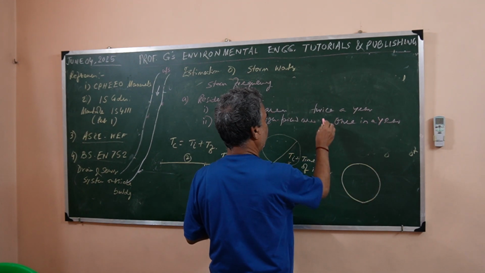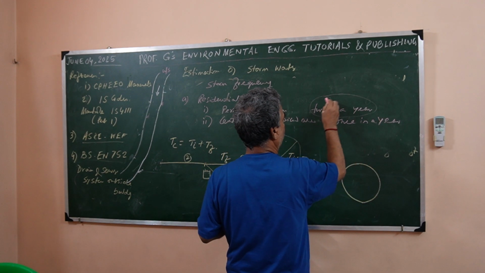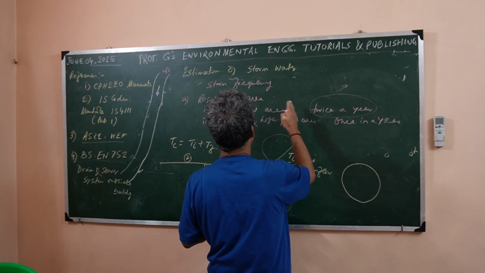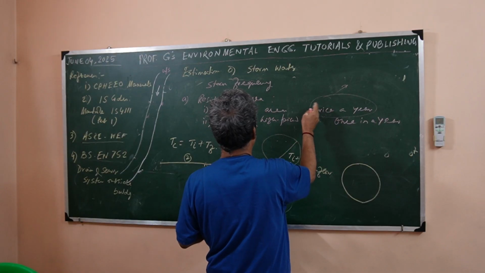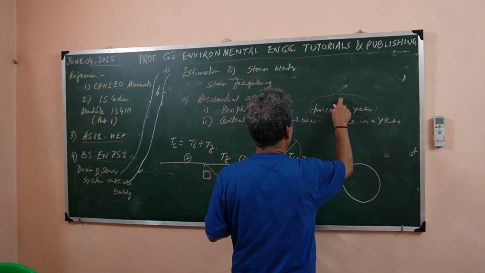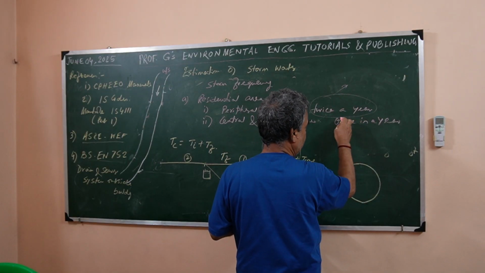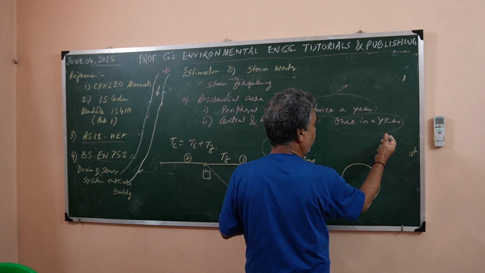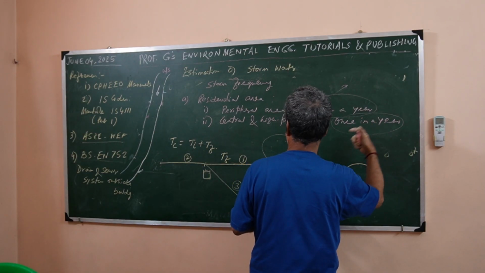Here the storm frequency, that is the storm amount, would be lesser, but once in a year would be capturing the larger flow also.